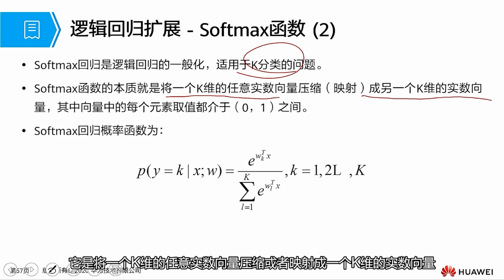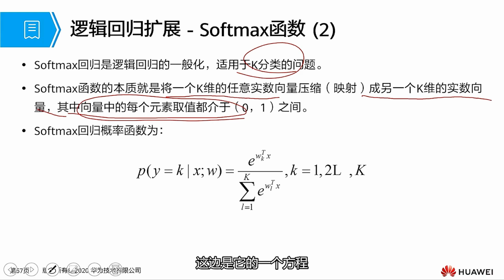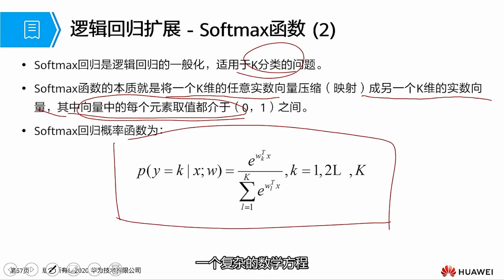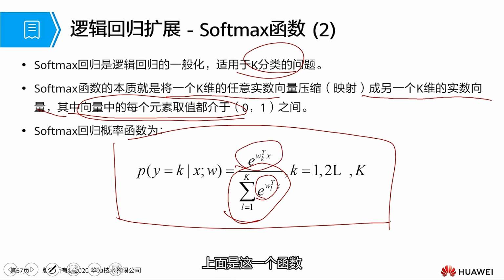It is applicable to K-classification problems and can be extended to K classes, multiclass. It maps a K-dimensional arbitrary real number vector to a K-dimensional real number vector, where each element in the vector is limited to a value between 0 and 1. This is one of its equations, a complex mathematical equation.